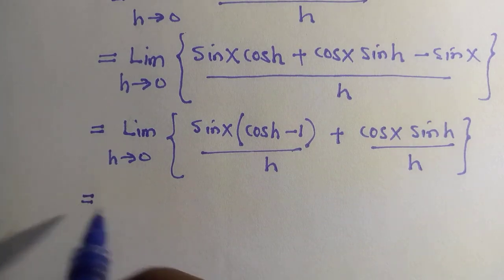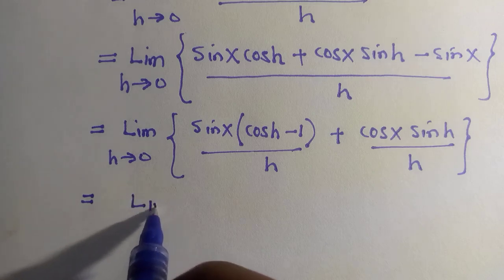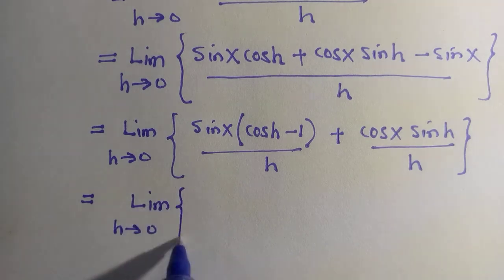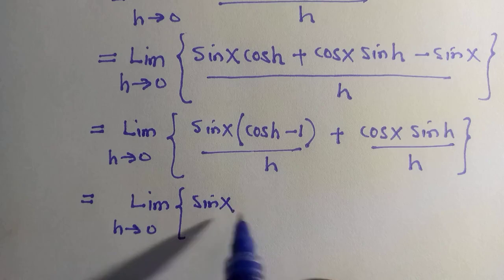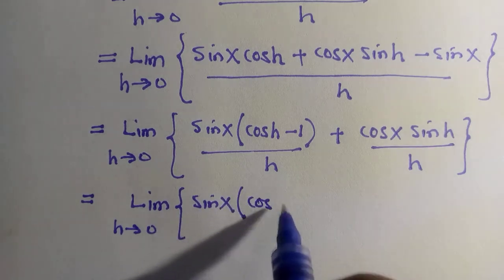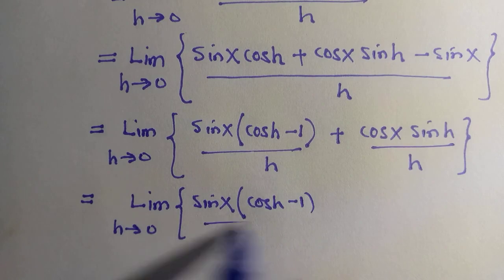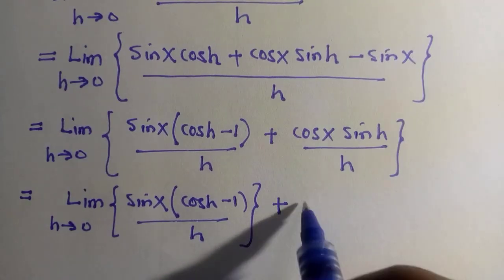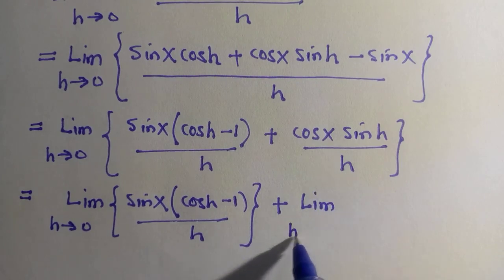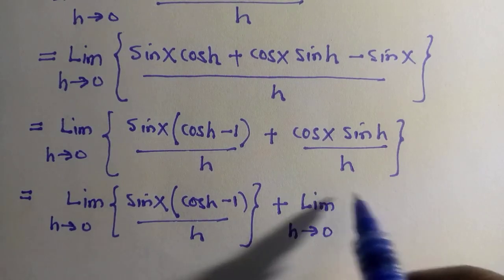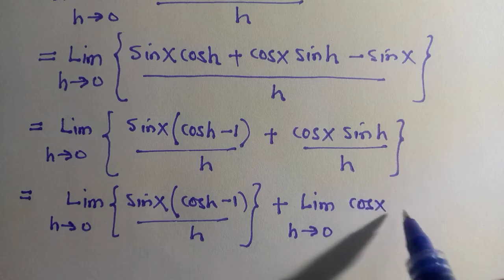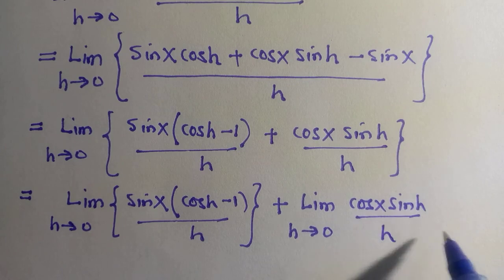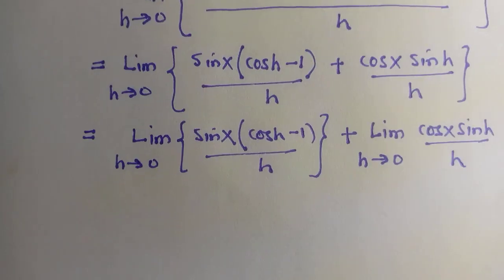Here we are going to have the limit as h approaches 0 of sine x open bracket cos h minus 1 divided by h, and also plus the limit as h approaches 0 of cos x sine h divided by h, for the second one.